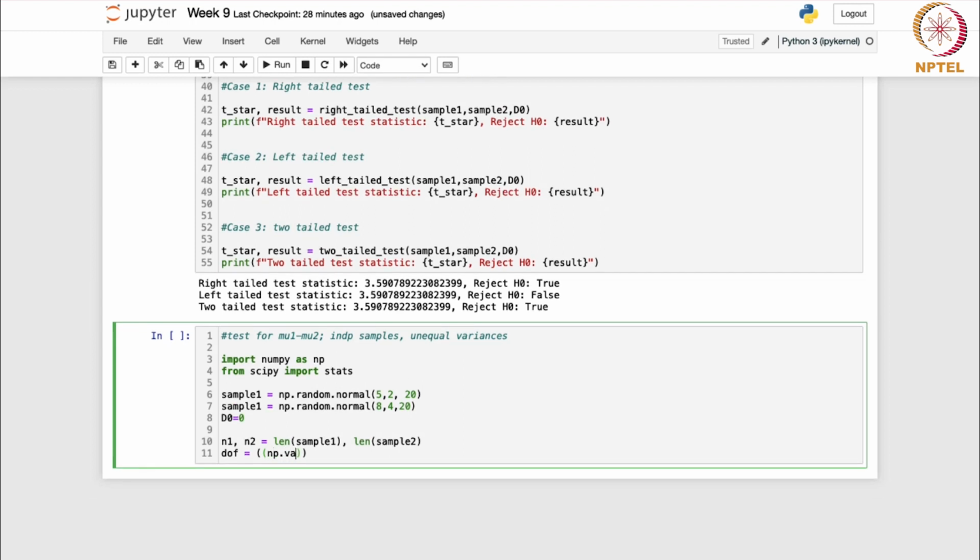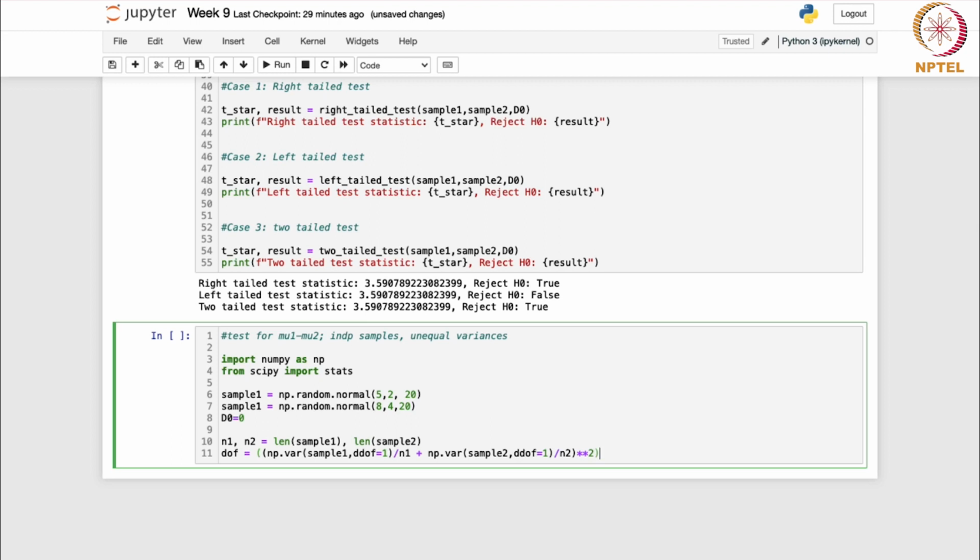So let me just mention np.var of the first sample, divided by n1. Here there is one more bracket. Same thing we need for the second sample, divided by n2, and this whole raised to the power 2.